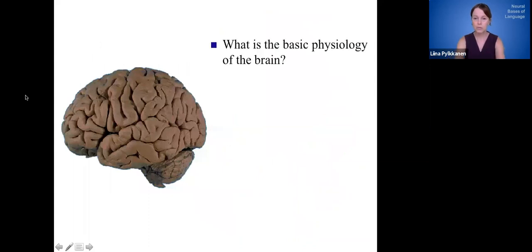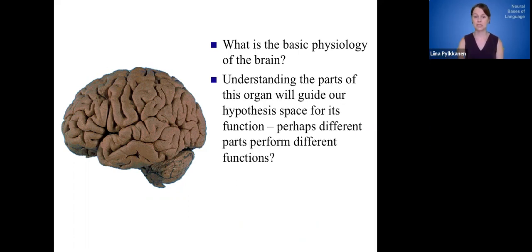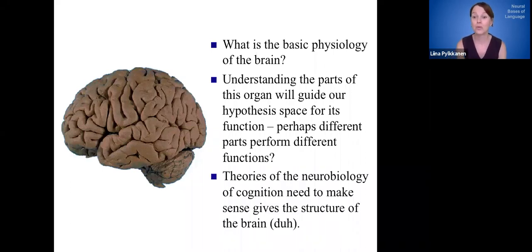So now we want to talk about the basic physiology of the brain. The reason we want to understand it is that it will constrain our hypothesis spaces about brain function. Maybe different parts of the brain perform different functions. That's a possibility. And most importantly, when we develop theories about the neurobiology of cognition, those theories need to make sense given the physiology of the brain.